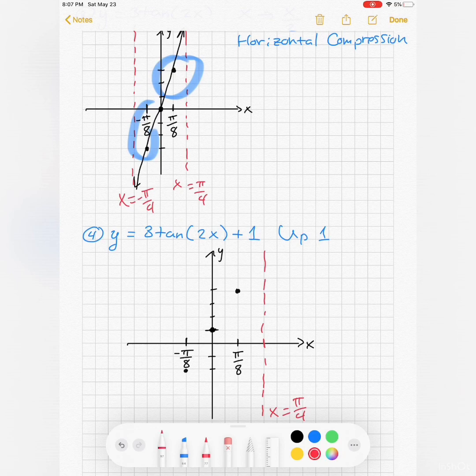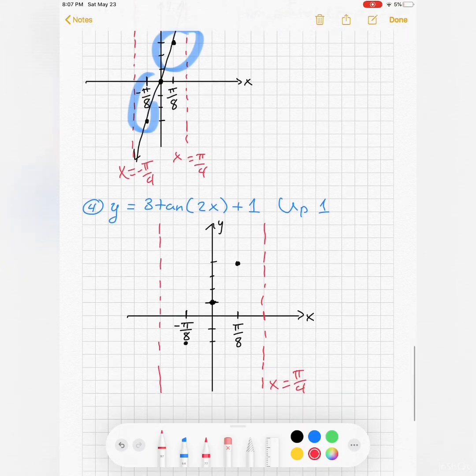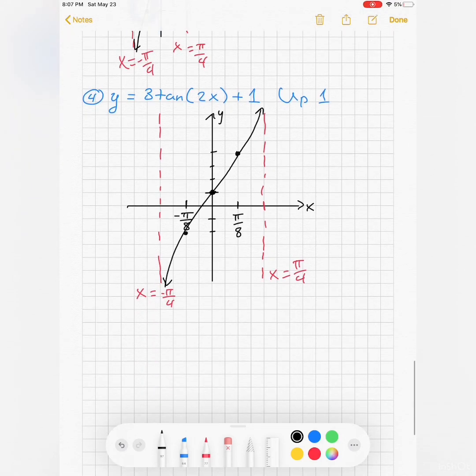My asymptote, not going to move. And so there it is. Phew. This list.